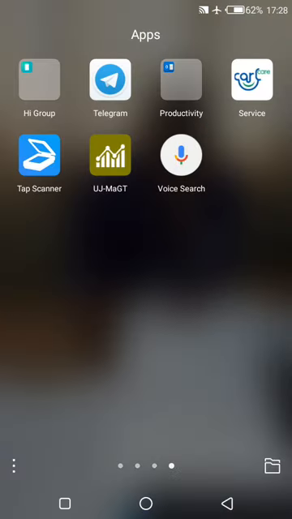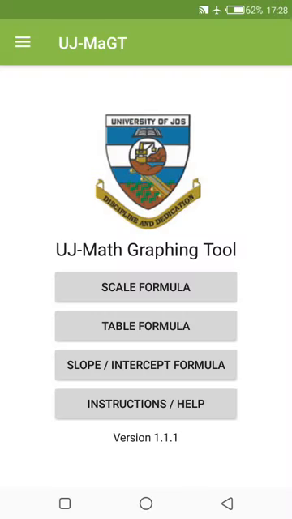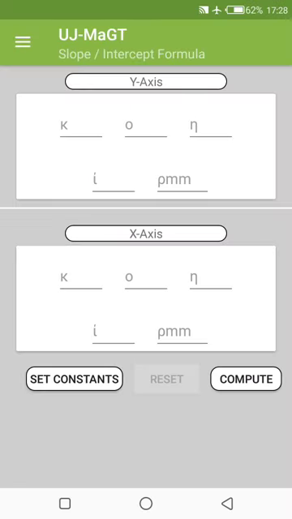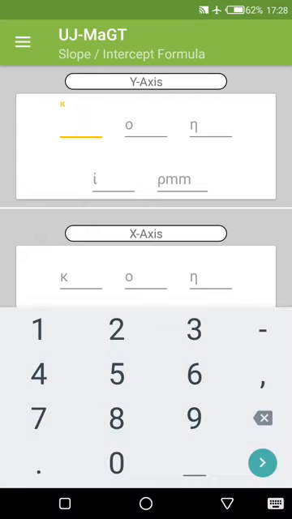Now, to do this, you use your graphing tool. So you come to your smartphone, look for your graphing tool, then you go to slope and intercept formula. You enter the scales that you use on your axis. On the vertical axis, we use 0.02.